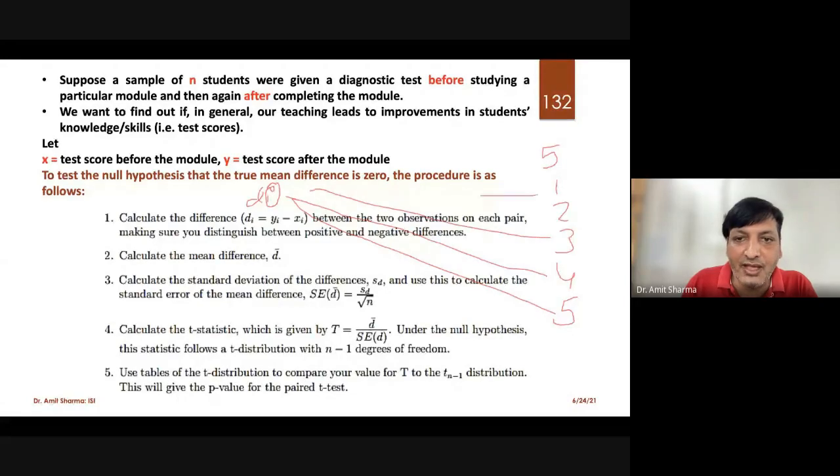So we are going to calculate the difference of i as yi minus xi. This will come in a further slide. Once we have these readings, we are going to get d bar, which will be called the mean difference. Clear? And this is the formula for the standard error which we are going to use in the t statistic. And after that, the same method is there.